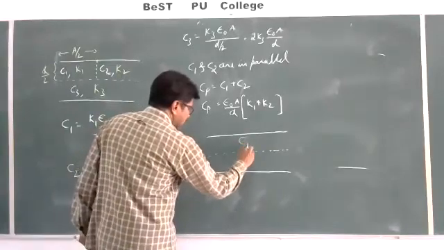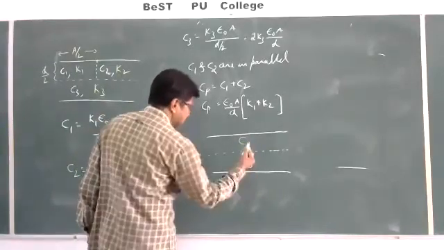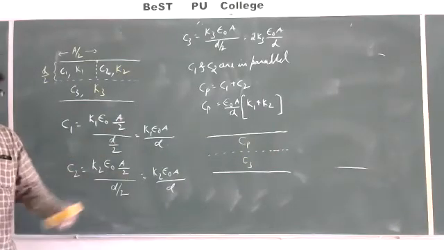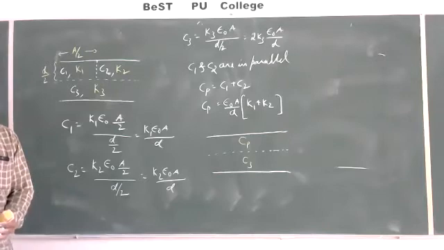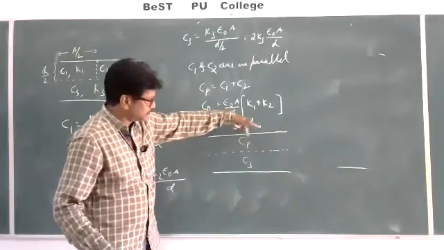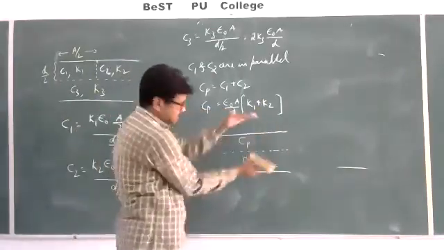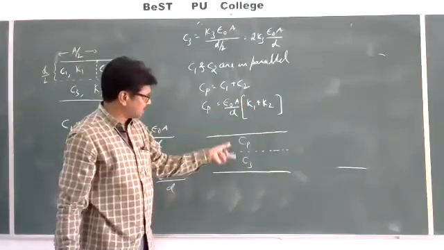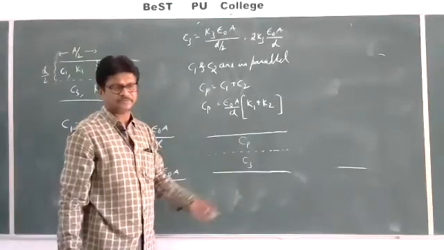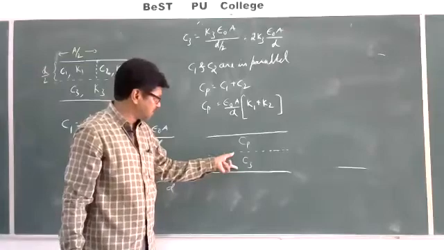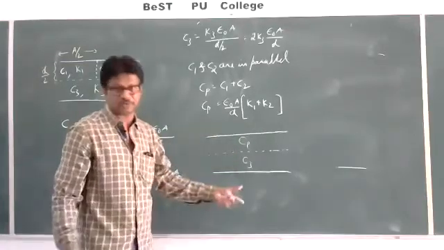This is Cp and this is C3. Now how are Cp and C3 arranged? Whatever charge we give, it is not dividing here. If I tilt the diagram like this, now this capacitor and this capacitor are arranged side by side. So capacitor Cp and capacitor C3 are in series now.